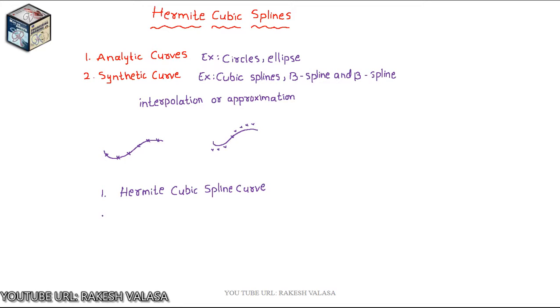Second one is Bezier curve. Third one is beta spline curve. In today's class, we will discuss the Hermite cubic splines derivation.